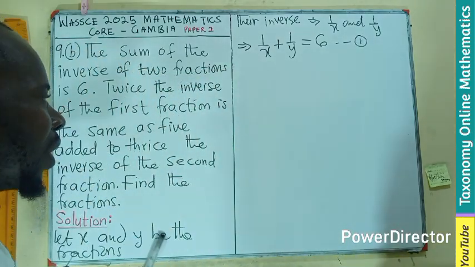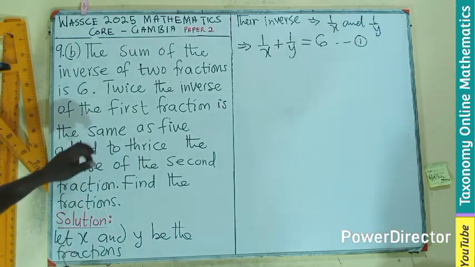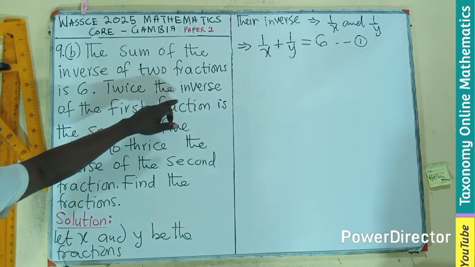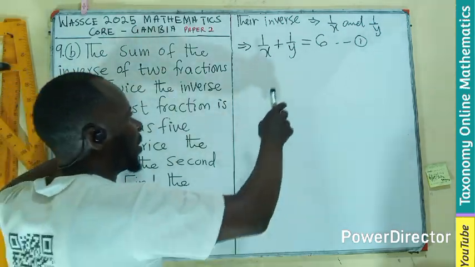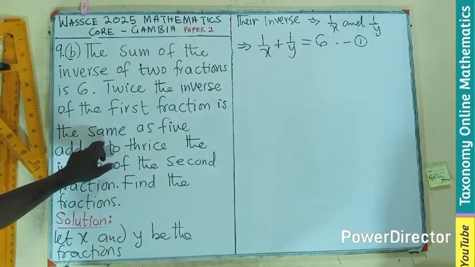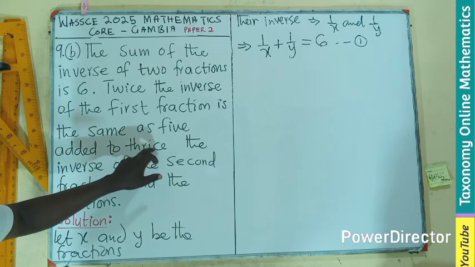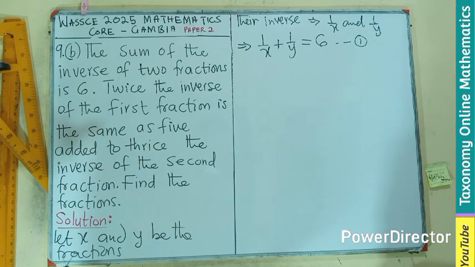We can either make one of them the subject and proceed from there. Then we continue to say that twice the inverse of the first fraction, twice the inverse of this, is the same, meaning equals, 5 added to 3 times, thrice meaning 3 times, the second fraction.